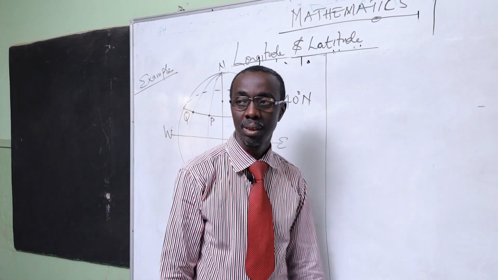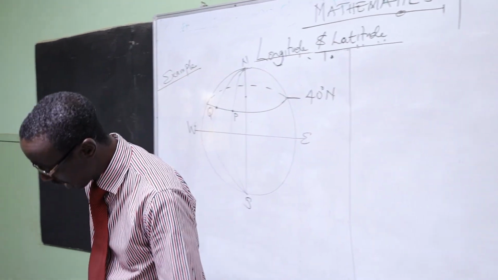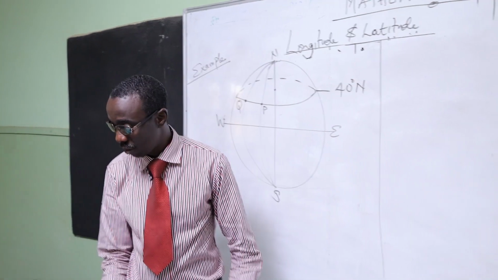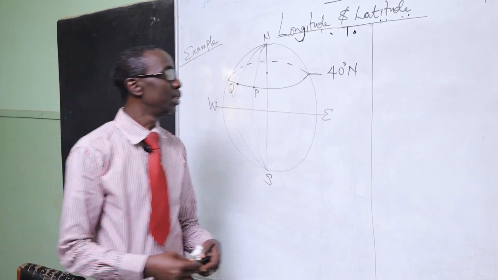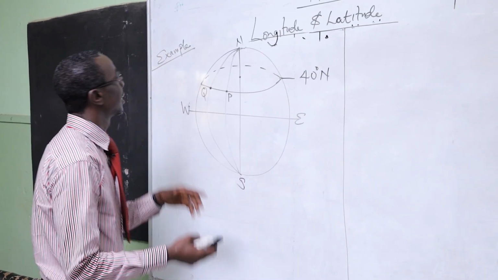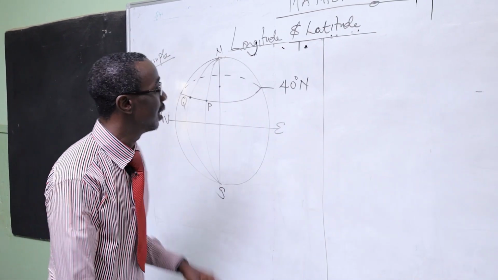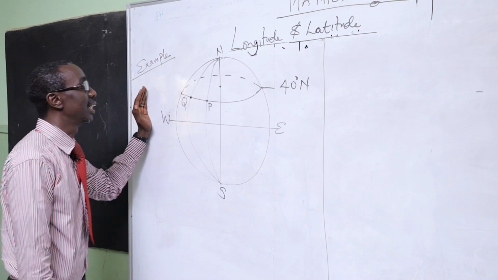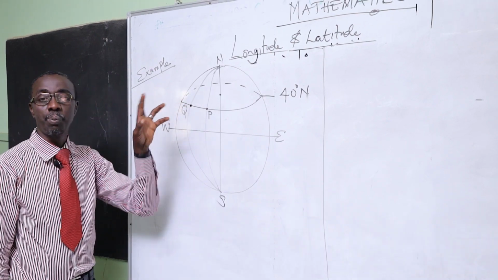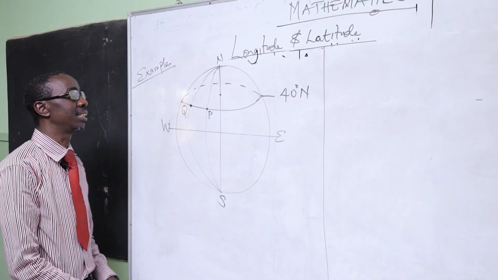They are now asking us to find A, the radius of the parallel of latitude. But before that, you will agree with me that with the definition of a small circle, it's formed only when there are two longitudes placed on a single latitude.